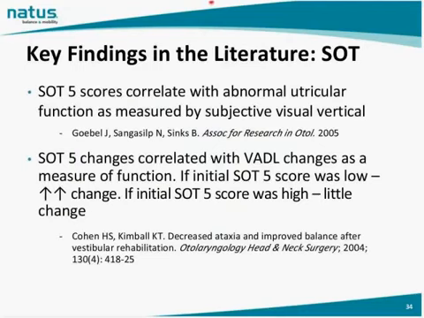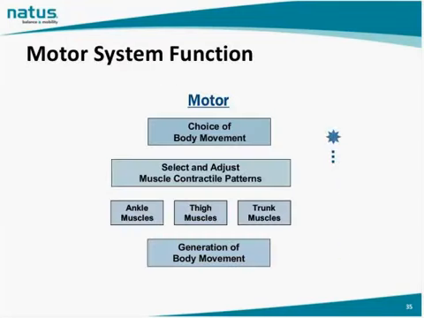So what are some of the key findings in the literature? Well, SOT5 scores correlate with abnormal utricular function, as measured by subjective visual vertigo, and SOT5 changes correlate with changes in ADL structure, particularly over the course of vestibular rehabilitation. So you can use the test not only to tell you what sensory system or systems are involved in a patient's sensory balance loss.